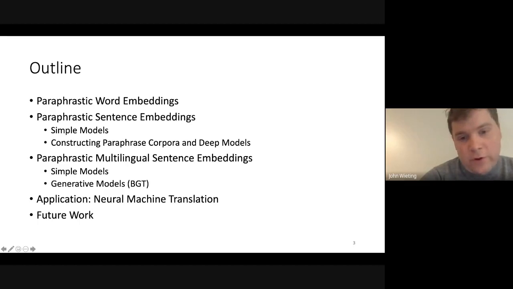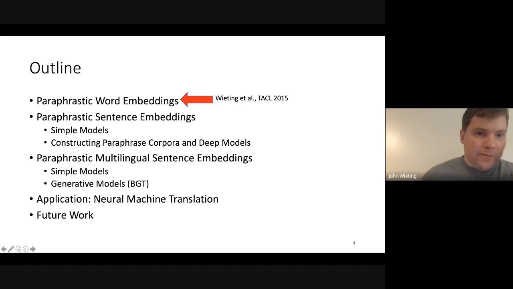And then I'll move to the multilingual setting, again going from simple models to the bigger, deeper latent variable models. And then I'll close with an application towards fine-tuning neural machine translation systems. And then I'll discuss some future work and some future ideas I'd like to pursue in the near, medium, and long future.